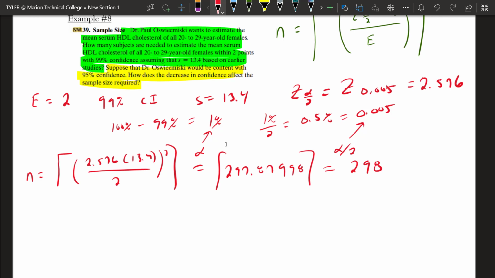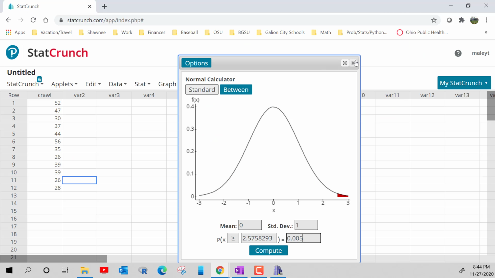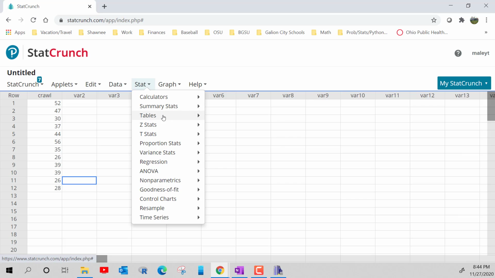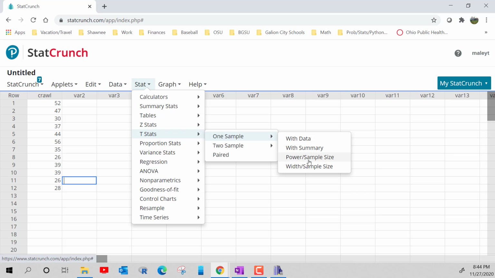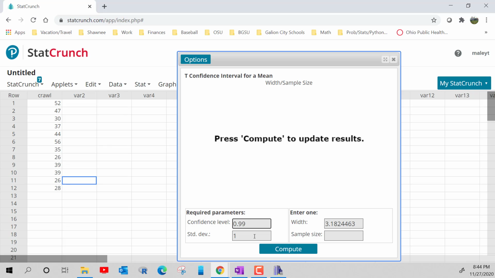So, you can get an n value using StatCrunch as well. Remember, they're going to be a little different. But to do this, you're going to go to Stat, and then T-Stats, and then go to one sample, and then go to with sample size. So for the confidence level, you're going to type in 0.99, right? So we're doing a 99% confidence interval. The standard deviation is 13.4. And the width, remember, is 2 times E, right?